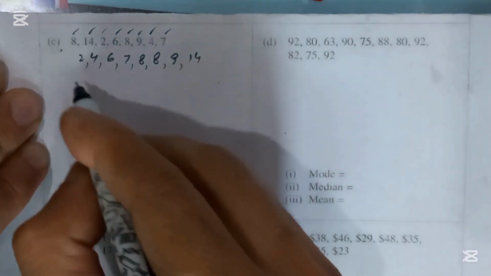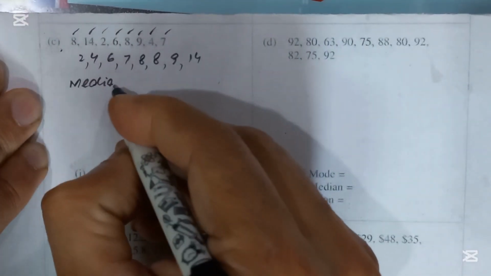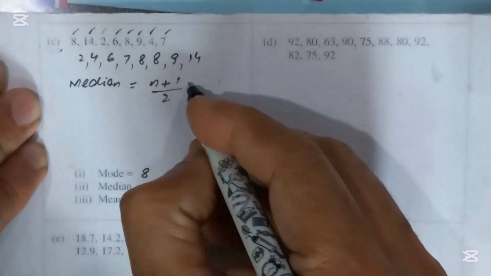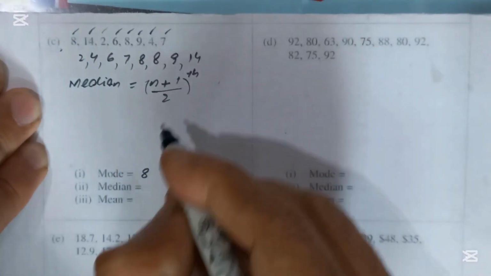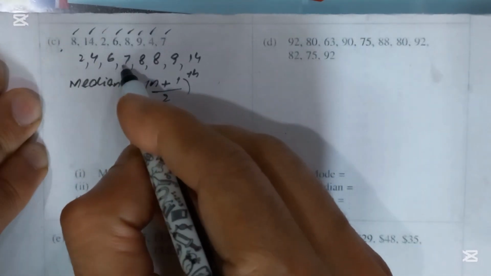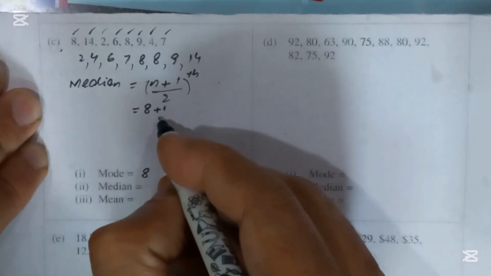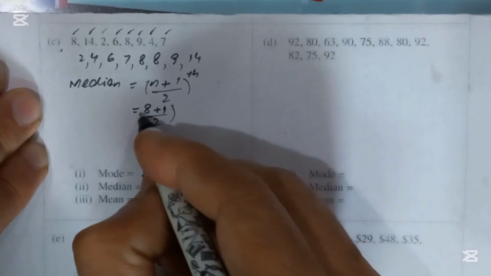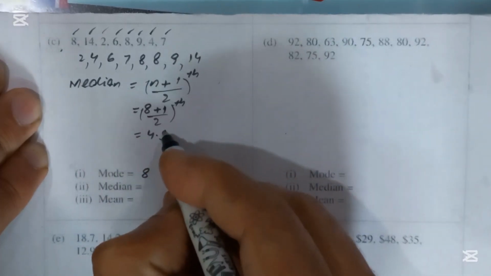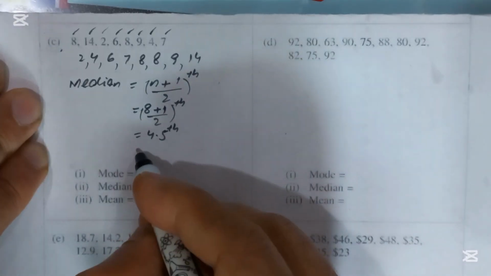To find the median of this kind of data, we always use the (n plus 1) divided by 2th term. Here n is the number of terms. 1, 2, 3, 4, 5, 6, 7, 8 terms are there. So 8 plus 1 divided by 2th term, which is 9 divided by 2, that is 4.5th. The 4.5th term means the mean of the 4th and 5th terms.